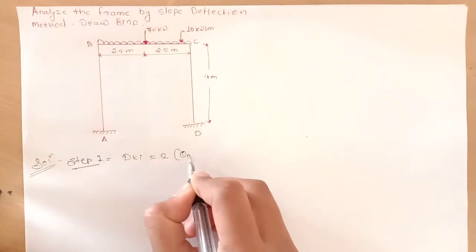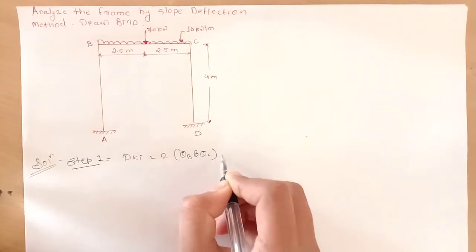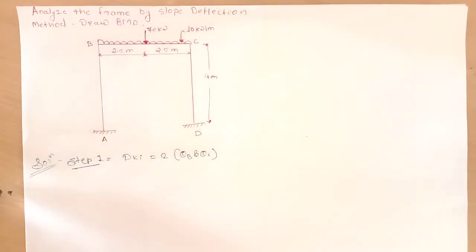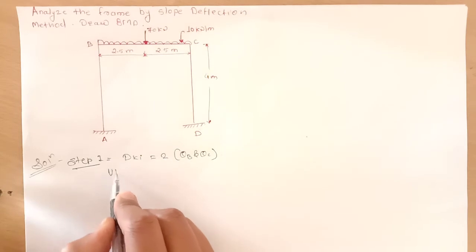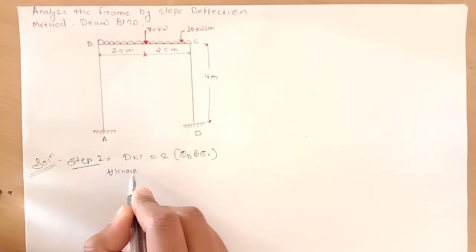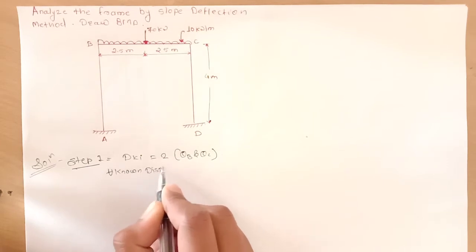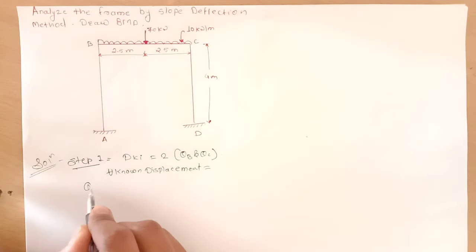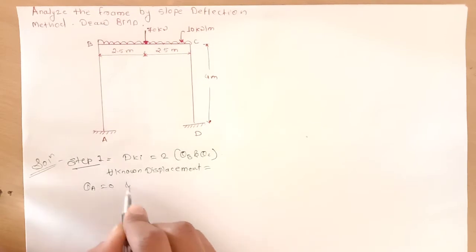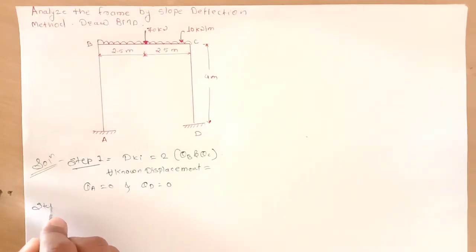That is theta B and theta C, the unknown displacements, are 2, and the known displacements are theta A equal to 0 and theta D equal to 0.